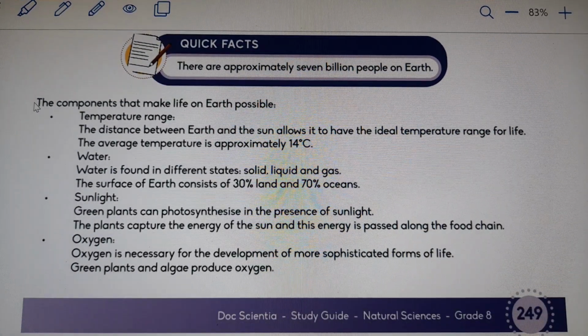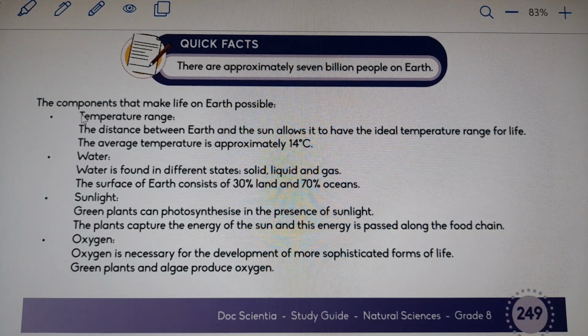The components that make life possible on Earth are: number 1, temperature range. Number 2, water. Number 3, sunlight. Number 4, oxygen. Remember, we all need this for photosynthesis. Okay, so these are the elements that make life possible on Earth: temperature, water, sunlight, and oxygen.